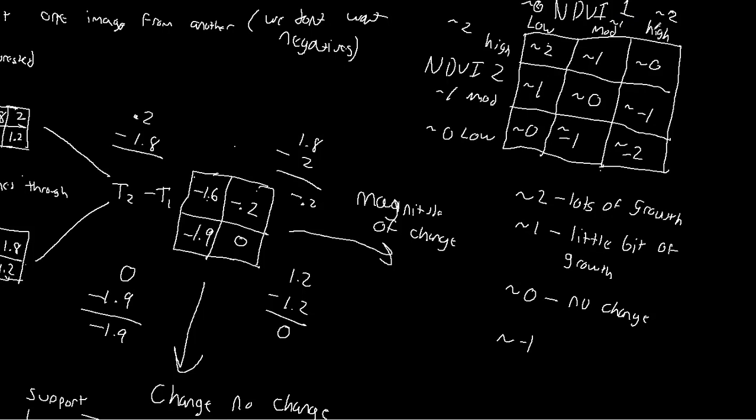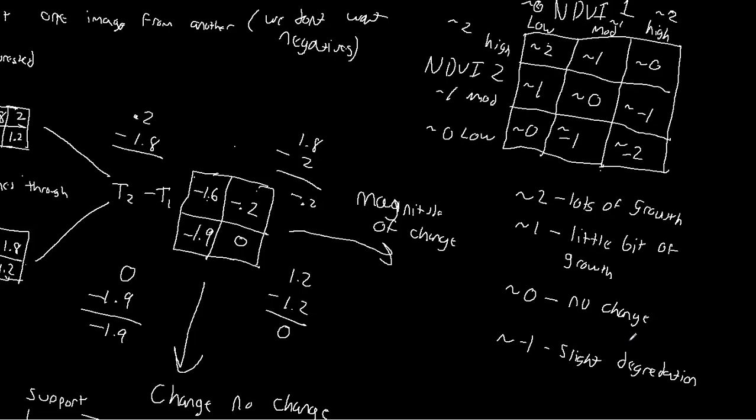So in both of these cases, we've degraded the quality of the vegetation. So values approximately -1 would indicate that we have a slight degradation in the quality of vegetation.